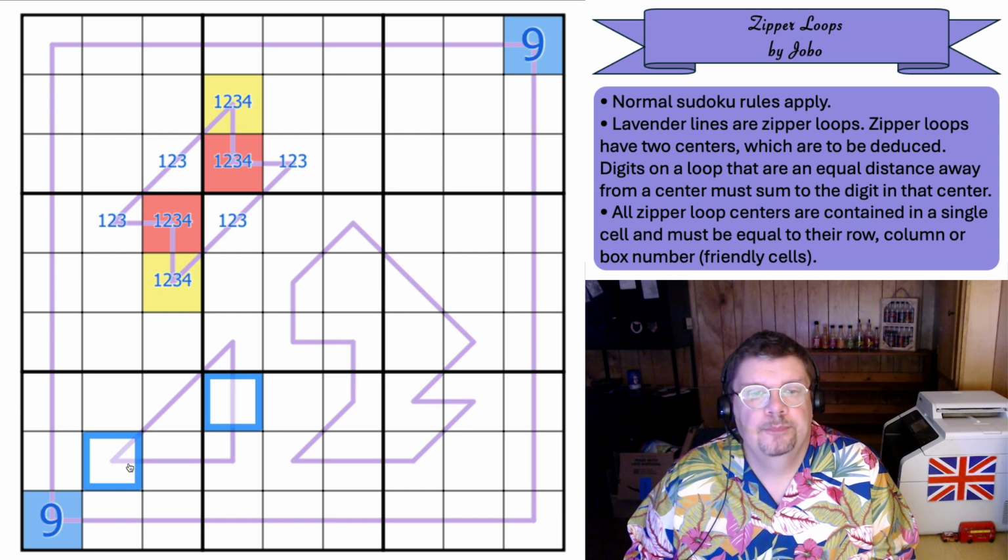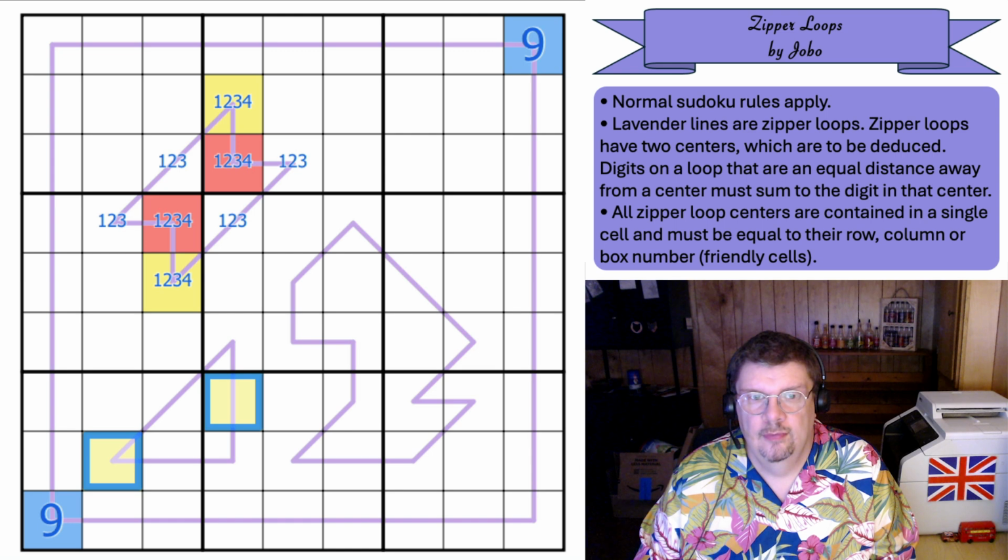This pair is, this digit is 7, 4, 8. And this is 8, 7, 2. So if that's the center, it is 7 or 8.